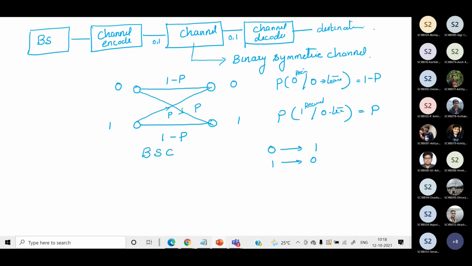Okay. So now we will see the channel encoding. The channel encoder takes the input as a block of data.